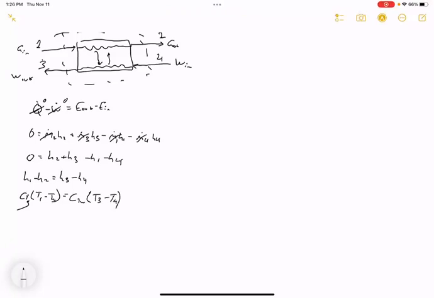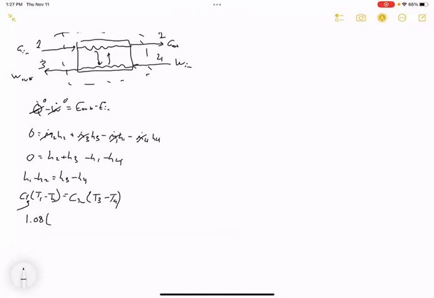All right, so what do we know here? We're given the Cps, so those are known. We're told the inlet and exit temperature of the hot gas, so the entire left-hand side is known. And we're also given the inlet temperature of the water, so T4 is known. And that means we're just trying to solve for T3, which is the exit temperature of the water. So if we substitute everything in, we'll get 1.08 being Cp gas.